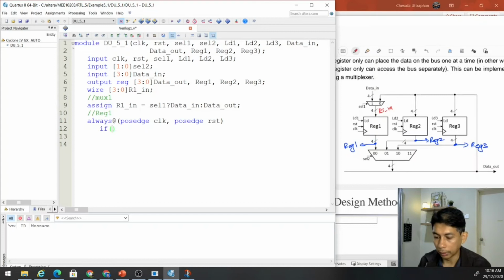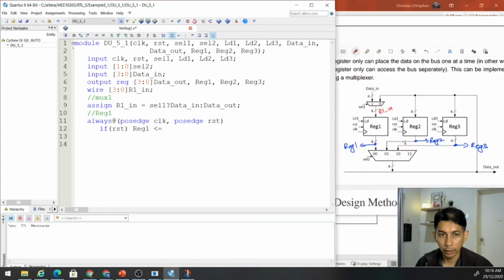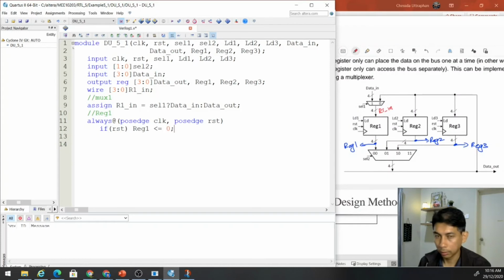So we look at the reset, right? If reset, the output of this register, which is reg1, should be equal to 0. In other words, 0 is assigned to reg 1, right?